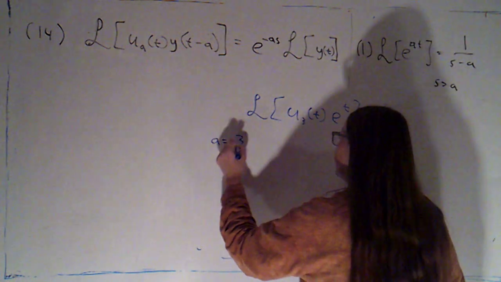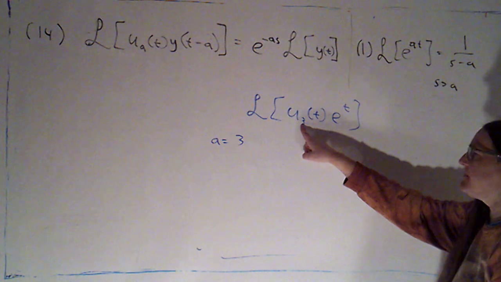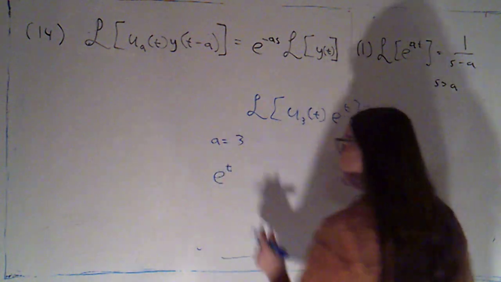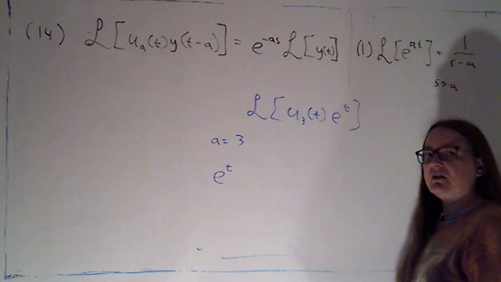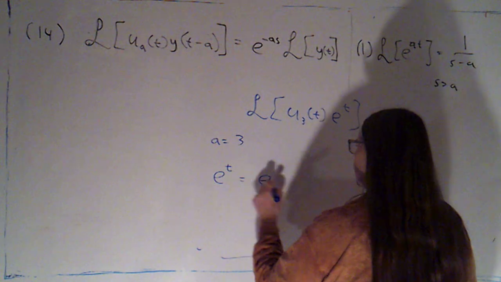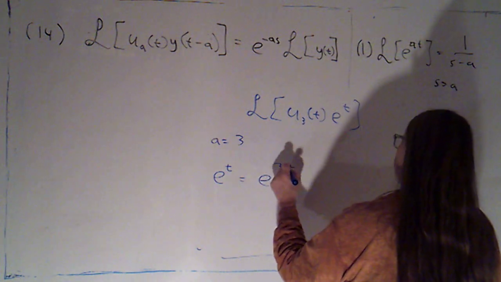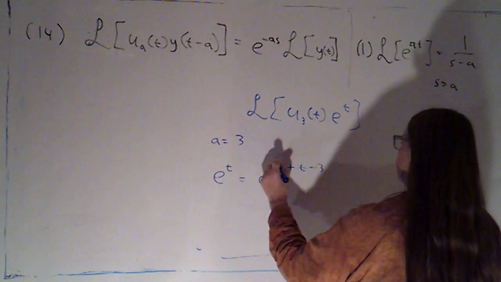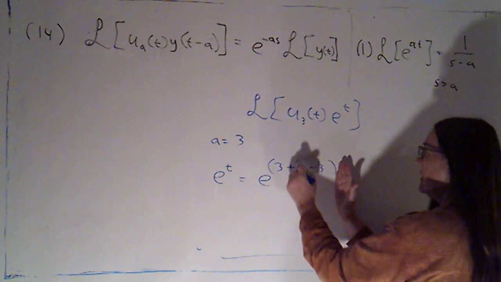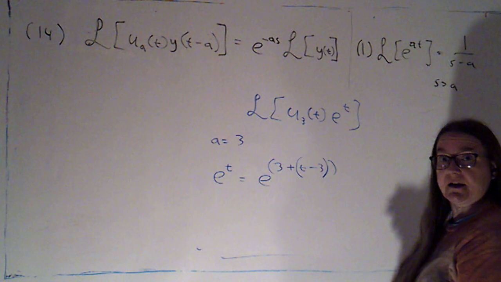Again, pretty clearly my a has to be 3. I can't really mess with that. So I want to rewrite e to the t as some function of t minus 3. Well, how about this? 3 plus t minus 3. That's a fancy way of writing t, and there's my t minus 3.